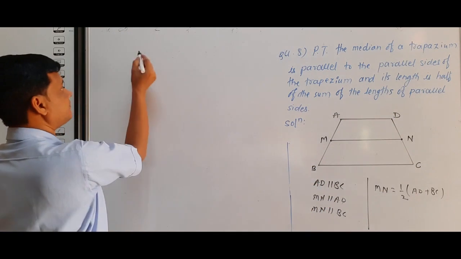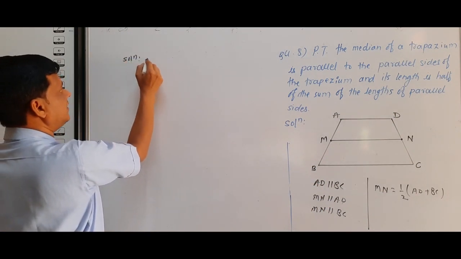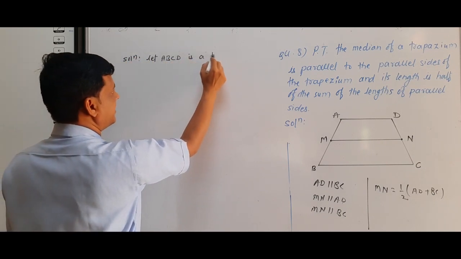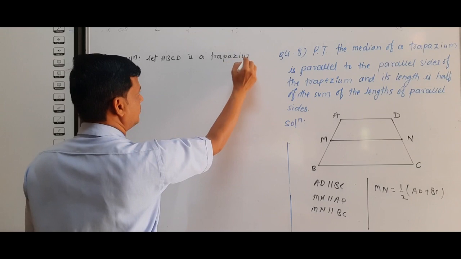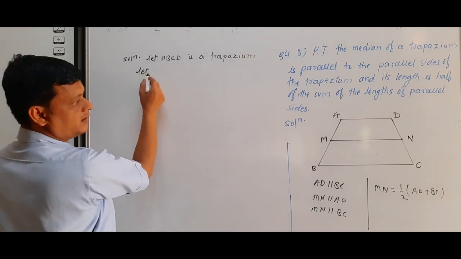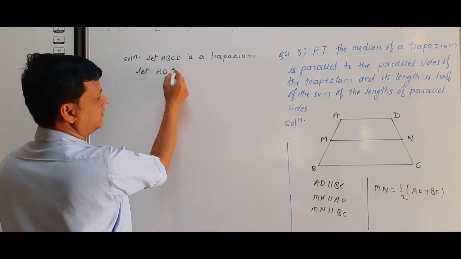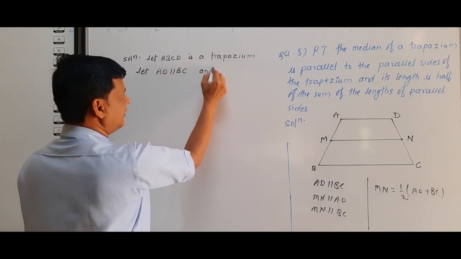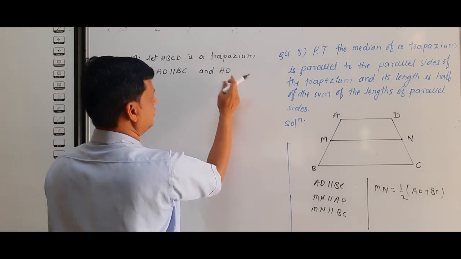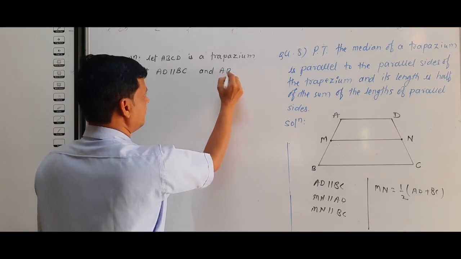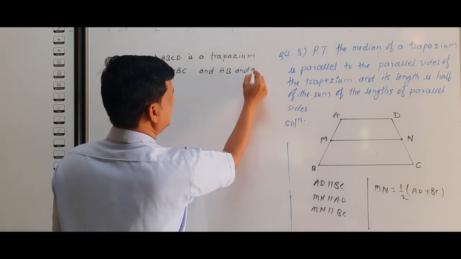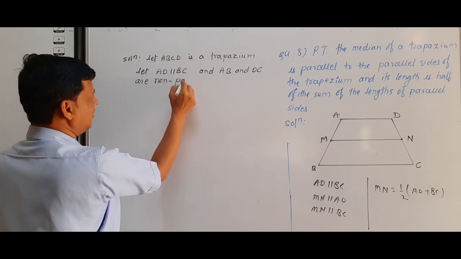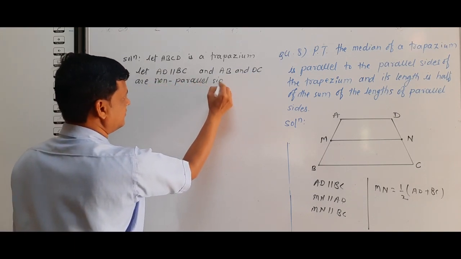So we write here: let ABCD be a trapezium. Let AD be parallel to BC, and AB and DC be non-parallel sides.